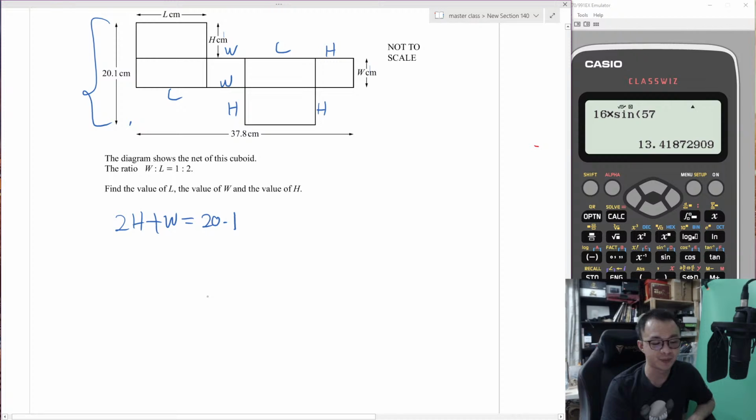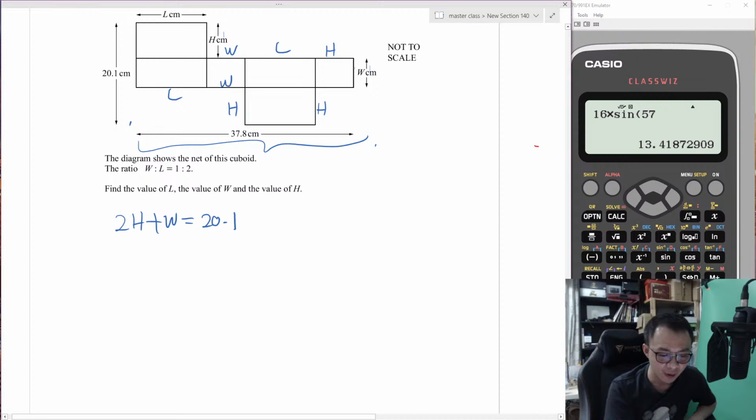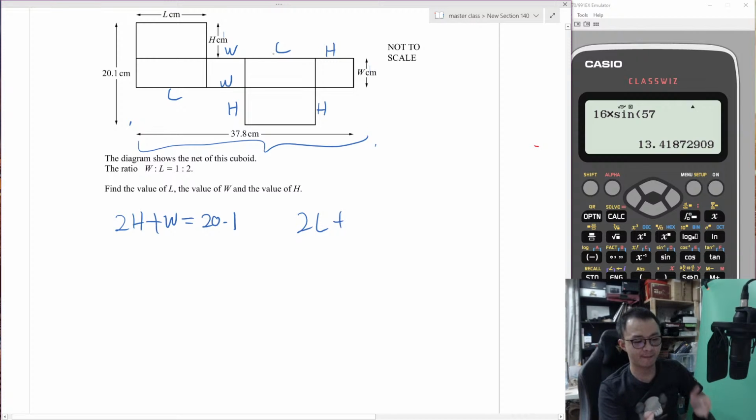First equation. Then I focus on length here. So for length I have 1L, 2L, okay, 2L plus W plus H will equal 37.8.